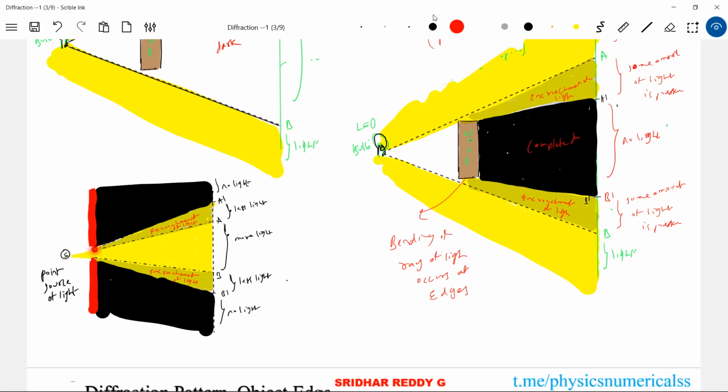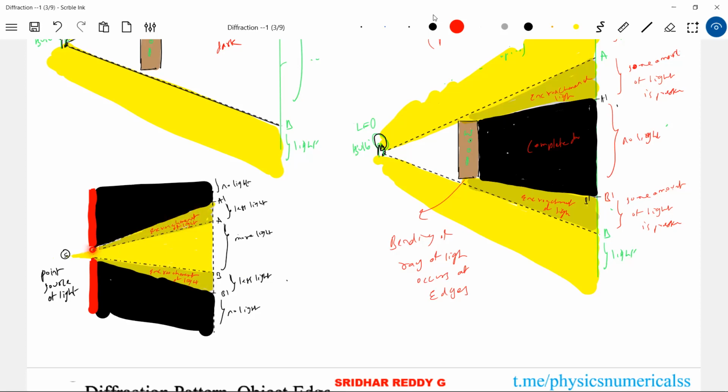But the bending of the ray of light occurs at the slit edges, so the light will bend and start encroaching. Theoretically, according to linear propagation of light: complete dark, bright, complete dark. But practically, an encroachment of light will occur.